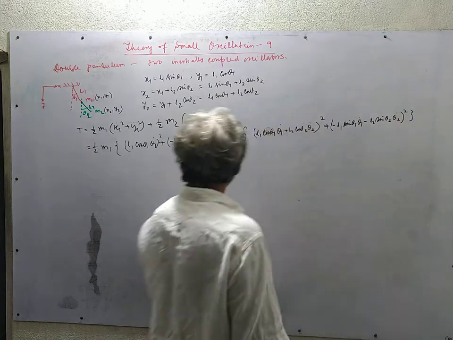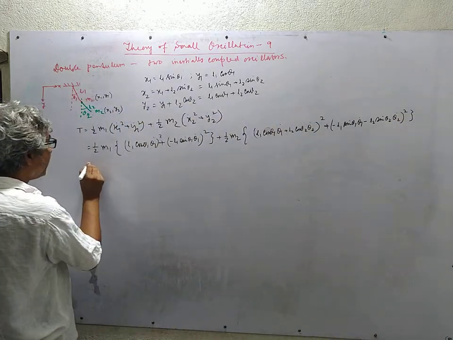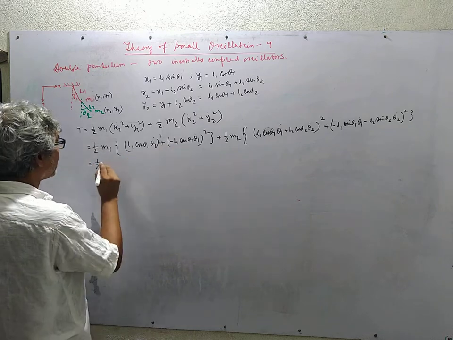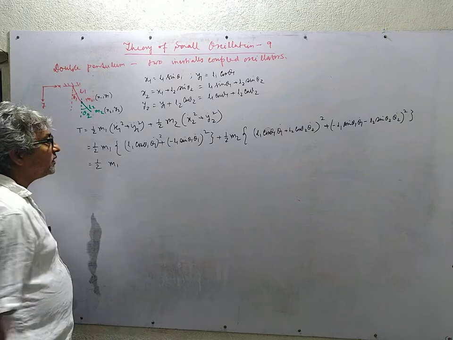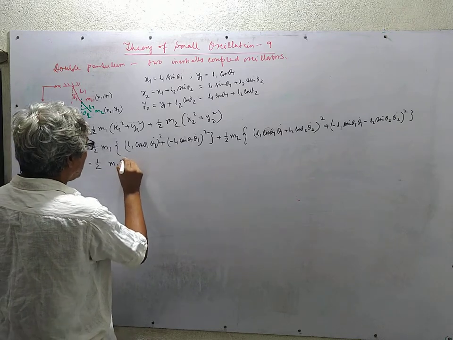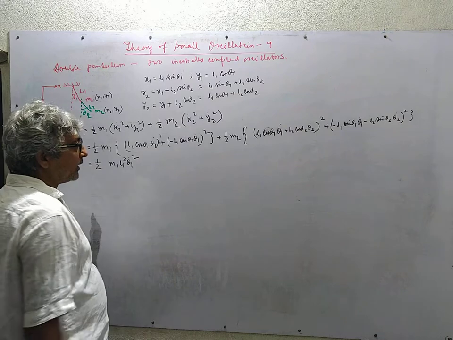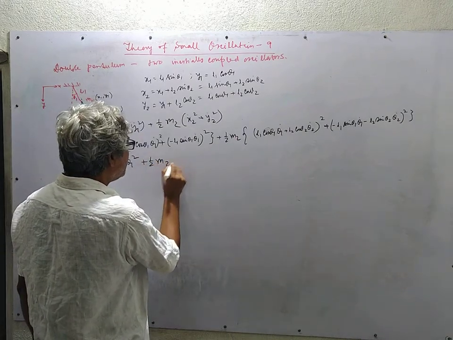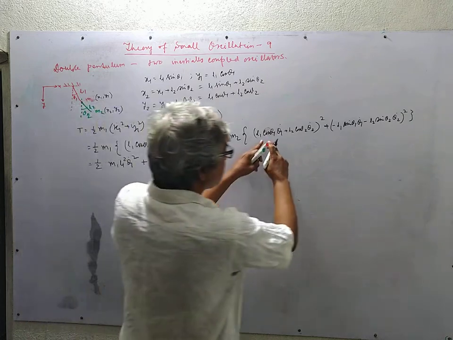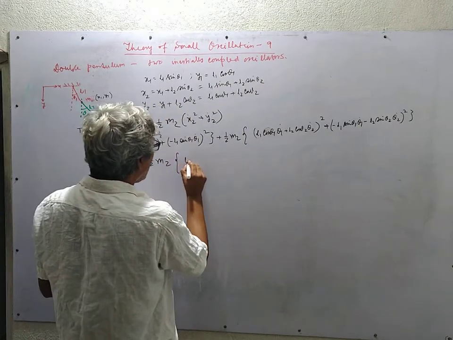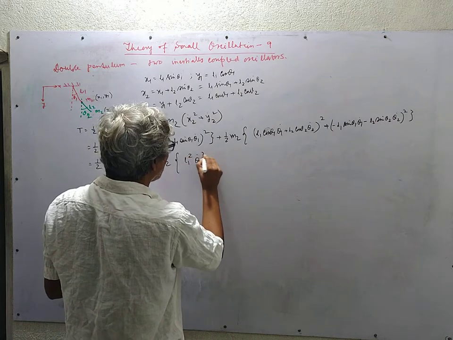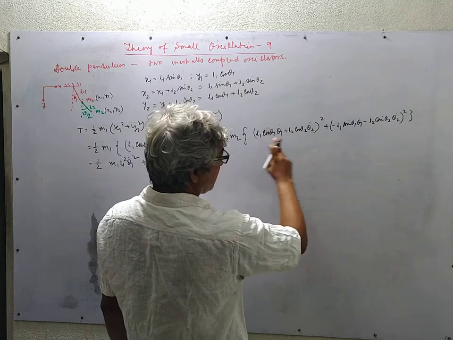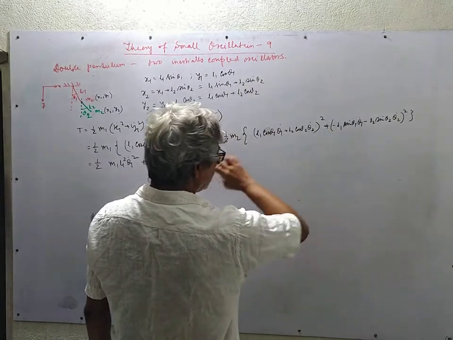If we simplify, this is half m1 L1 square θ1 dot square, and for the second part, half m2 times L1 square θ1 dot square, because L1 square cos square θ1 plus L1 square sin square θ1 leads to this.